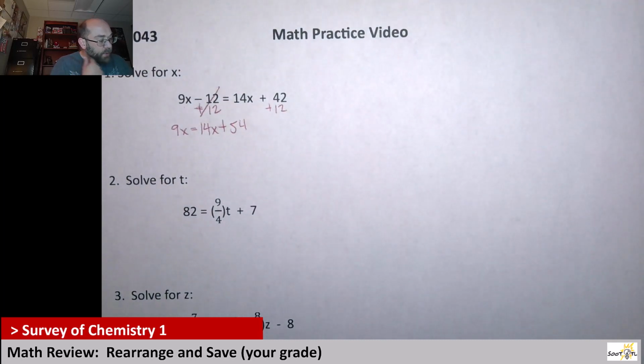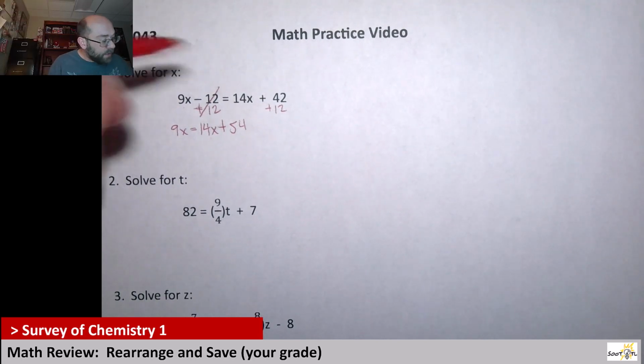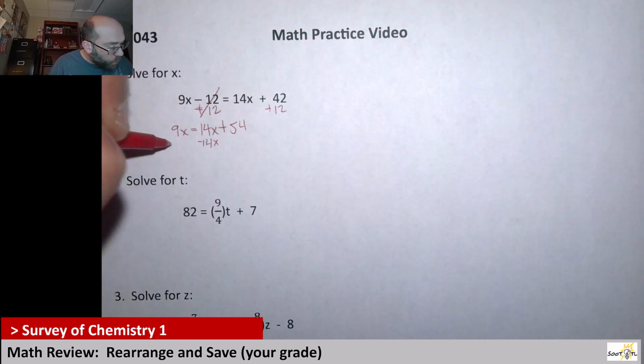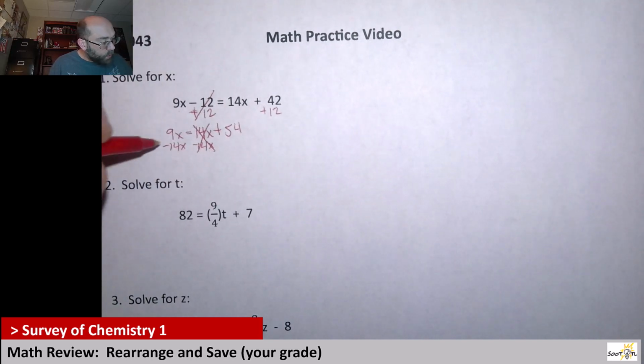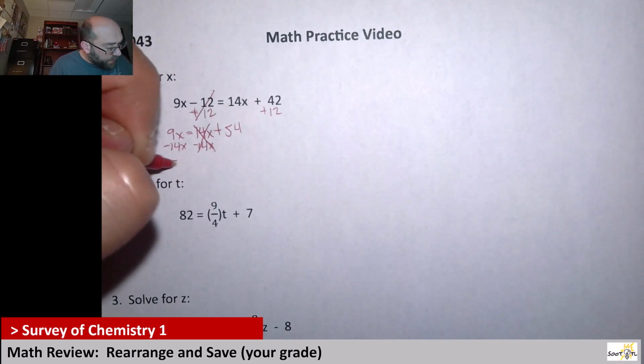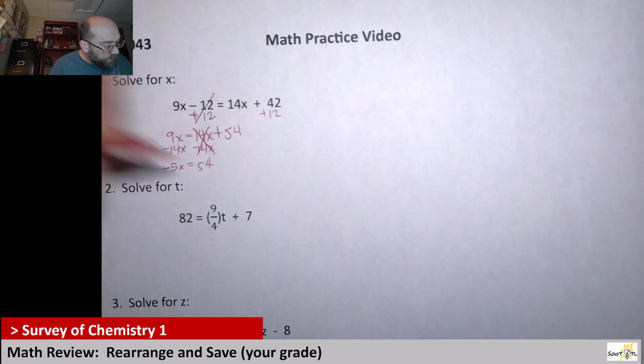Now I've got all the integers on one side, so I can put all the variables on the other. I would just subtract 14x from both sides. That would cancel, so 9 minus 14 should be negative 5x is equal to 54.